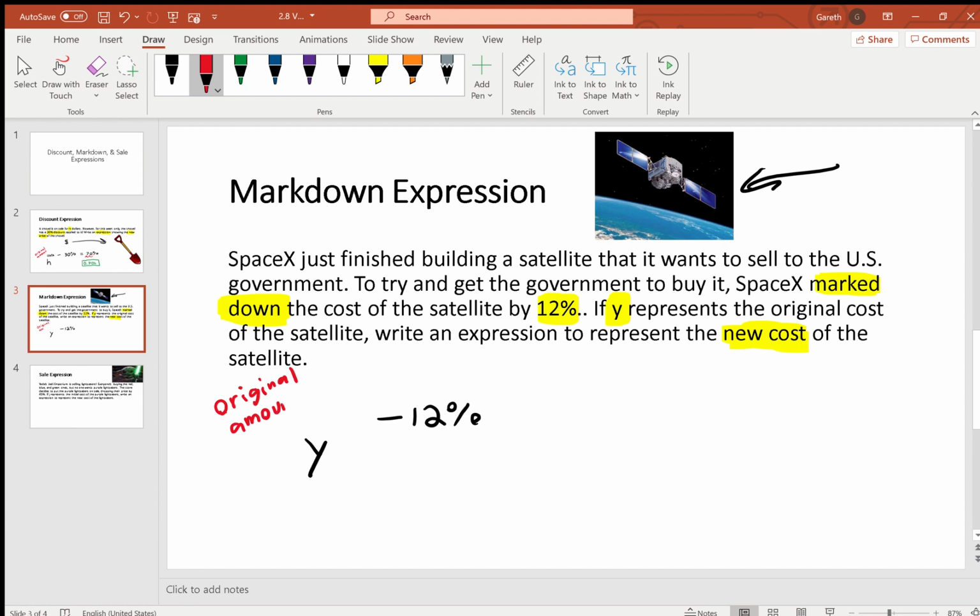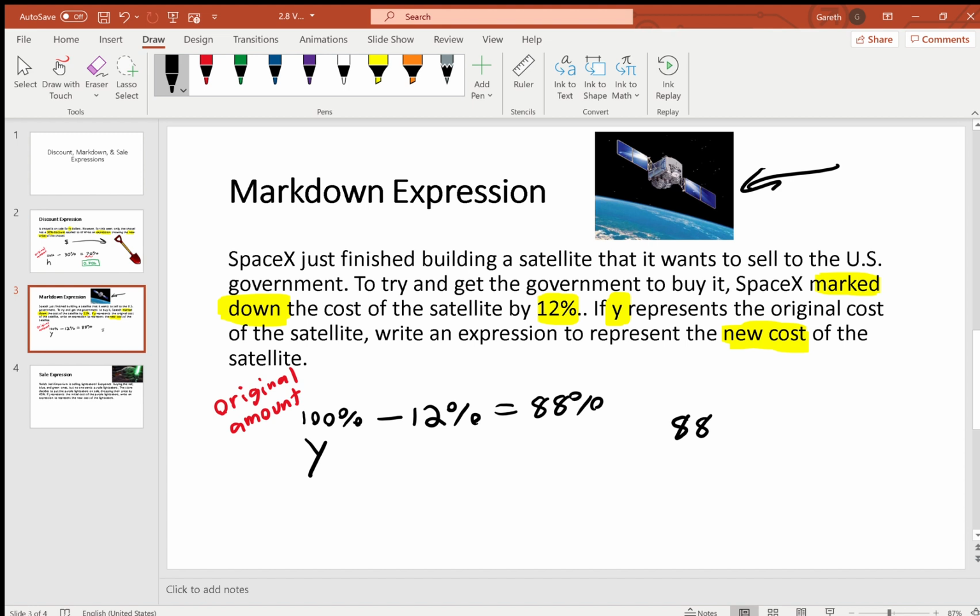We have no idea what Y stands for, but we do know that the original amount is always, as a percent, 100%. So now all we've got to do is 100% minus 12%, which gives me 88%. So basically, they're selling it to the US government for 88% of what it originally cost.